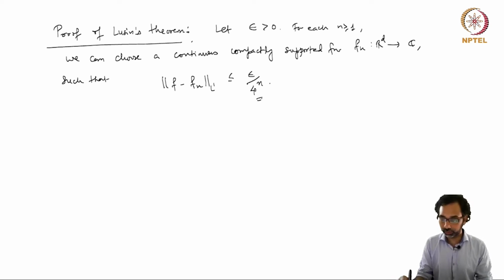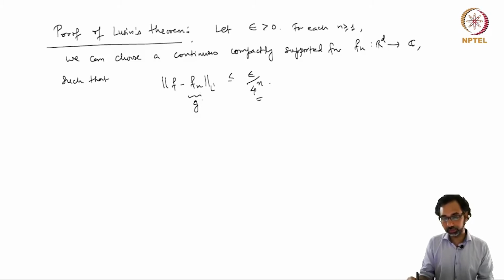You will see why we have chosen this epsilon by 4 to the power n. This is our function g, which we can choose to be continuous with compact support, and our epsilon in this case is epsilon by 4 to the power n.